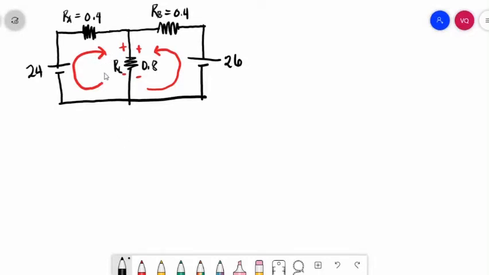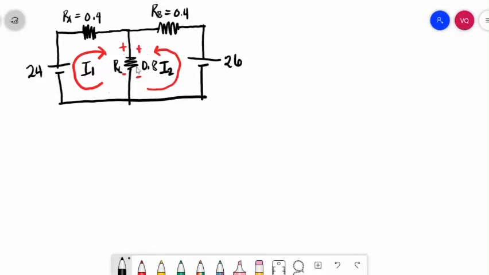As you can see here, the loop currents I1 and I2 are in different directions. For loop current I1, it is clockwise and I2 is anti-clockwise direction.